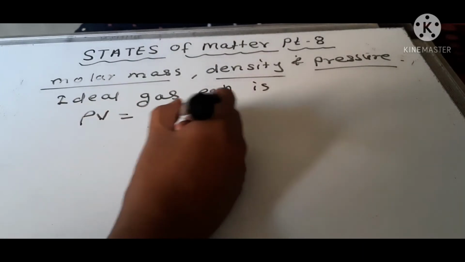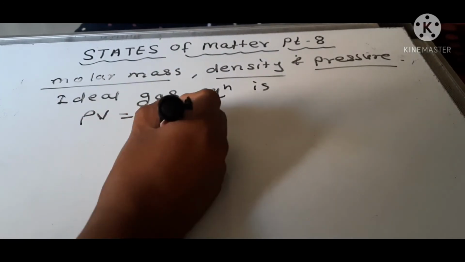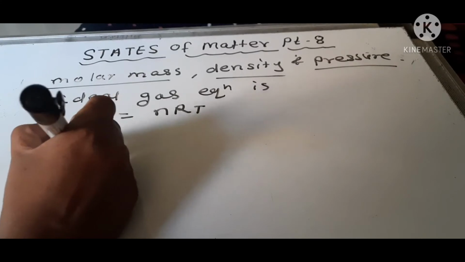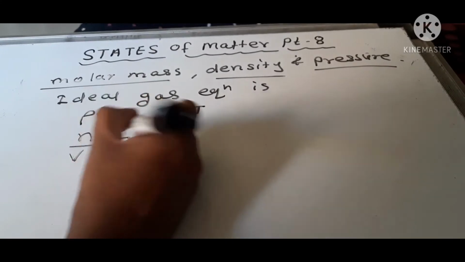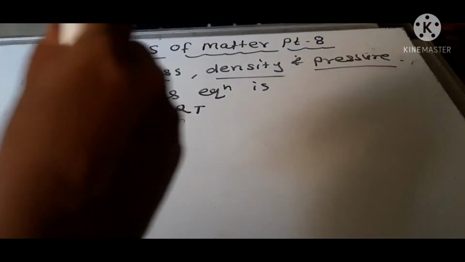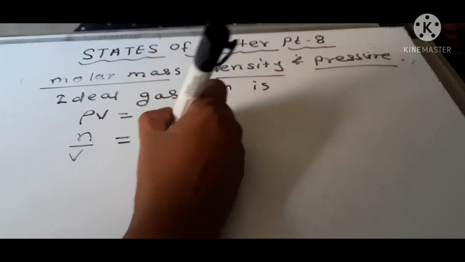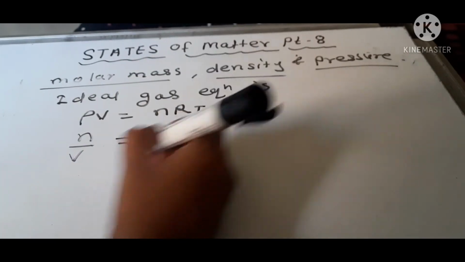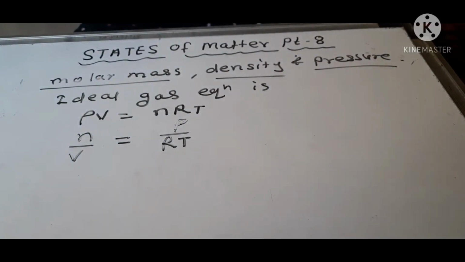Then rearrange the equation, n upon V equals P upon RT. This is equation 1.